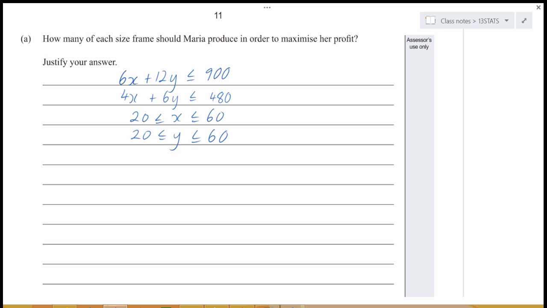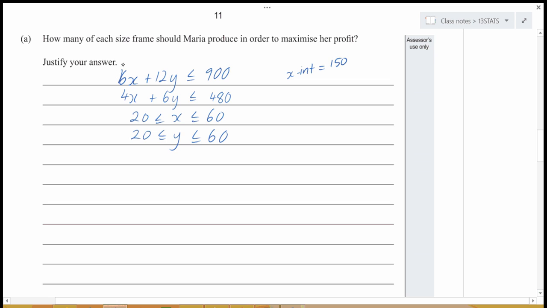Remember, plot like you're covering up one variable and solving that equation for the x. So if we're covering that up, we've got 900 divided by 6, and so that means our x-intercept is going to be 900 divided by 6, which is 150.